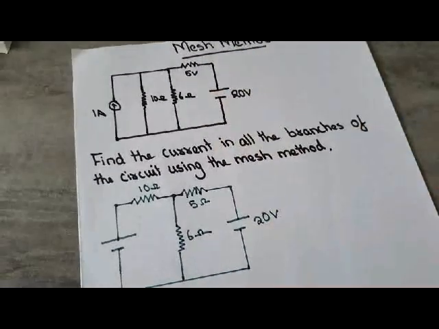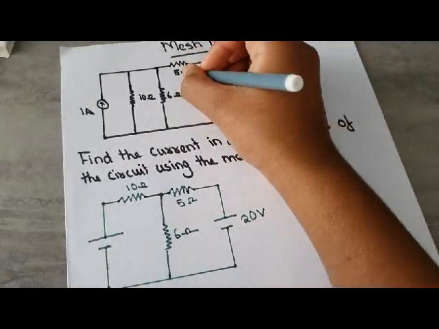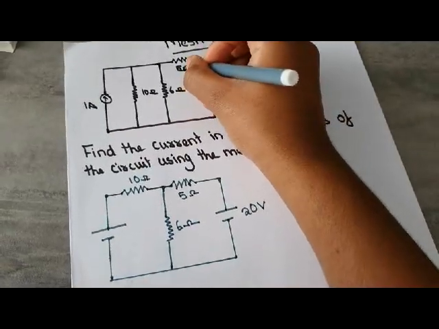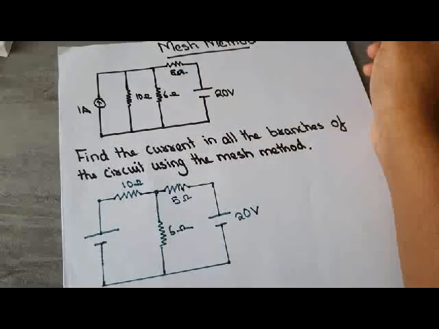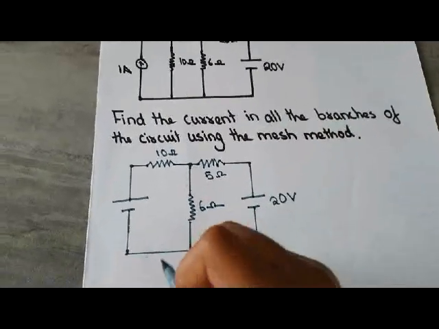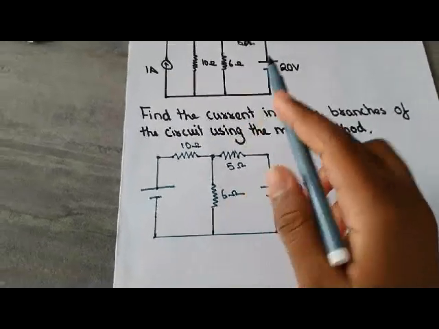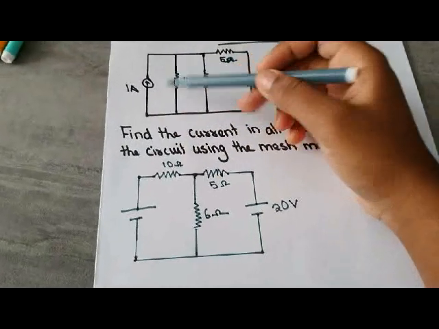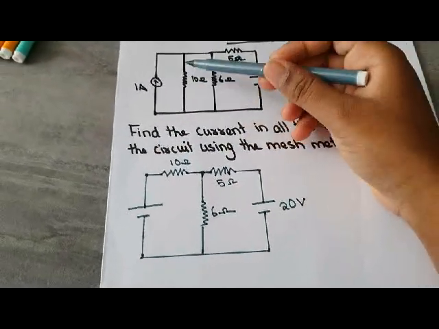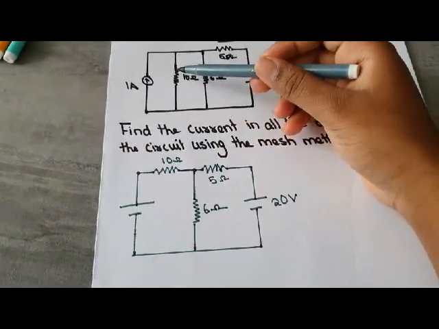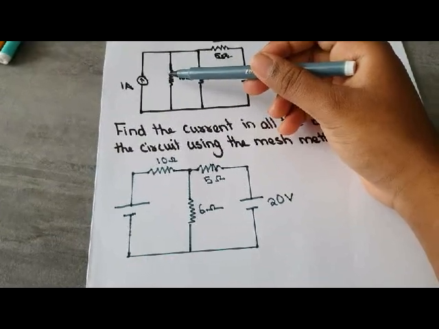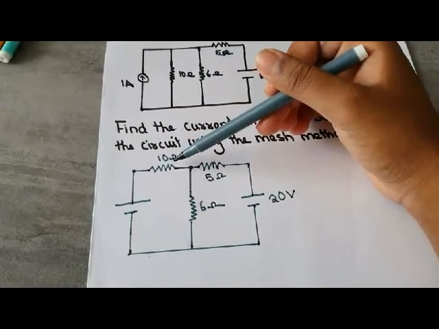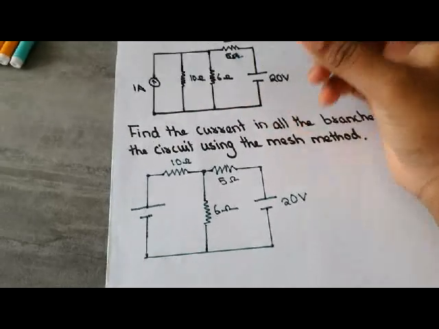I made a mistake here, it's ohms, 5 ohms, sorry. So you can see we have converted the current source to a voltage source by taking this 10 ohm resistor that's in parallel with the current source and making it series with the voltage source.